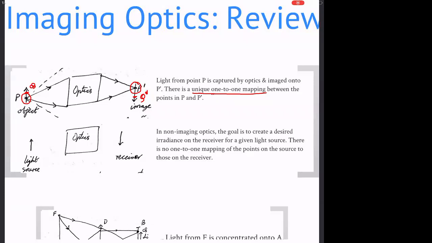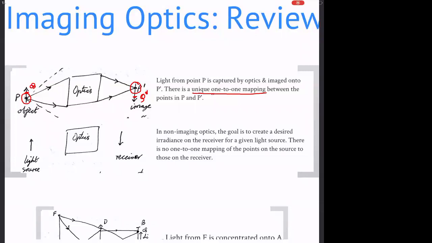In non-imaging optics, this mapping is no longer one-to-one. This is the key difference. If you really think about what we're trying to do, we are trying to take energy from a light source and direct it to a receiver. So the goal is to create a desired irradiance on the receiver for a given light source. There is no one-to-one mapping of the points on the source to those on the receiver.